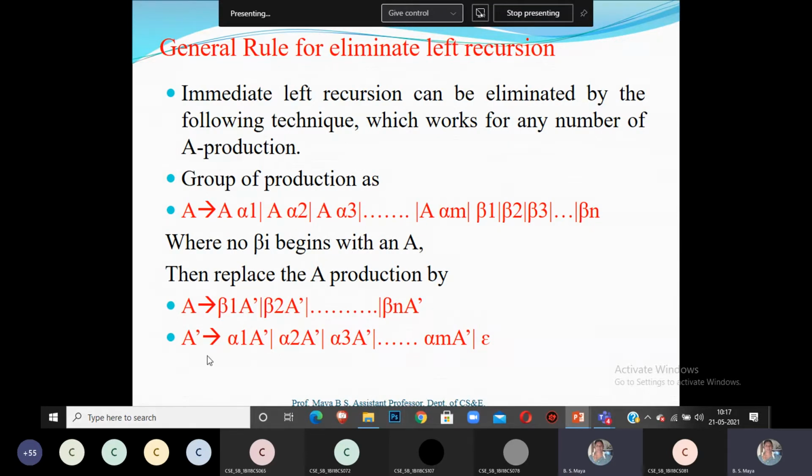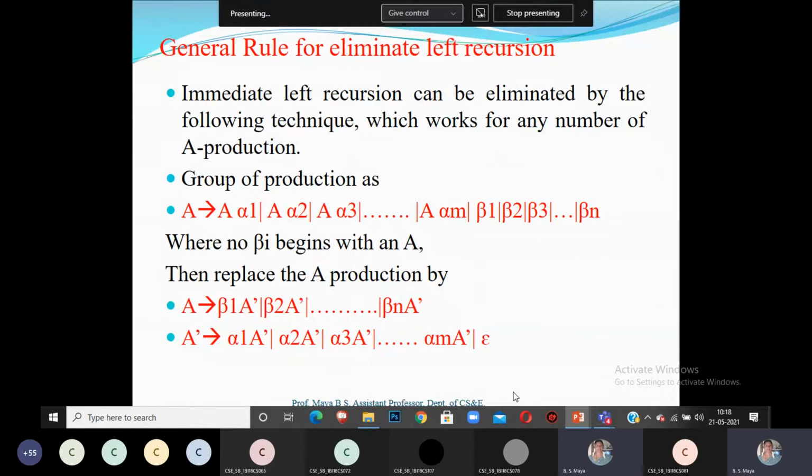A dash derives the remaining here. The remaining is alpha 1 A dash. Next, second alternative, what is the remaining? Alpha 2 A dash. Third one, alpha 3 A dash, and so on up to alpha m A dash. Don't forget to write epsilon. Including this, you have an epsilon production.